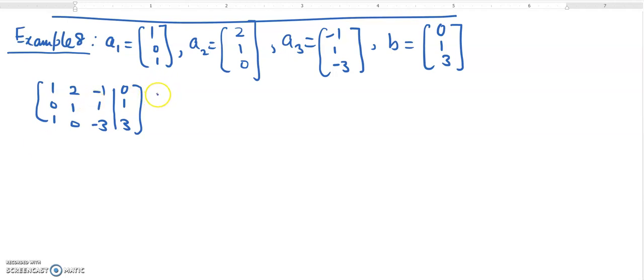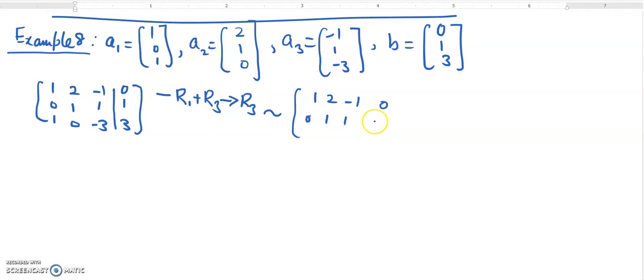I need to make this 0 over here, so I can take minus r1 and add it to r3, and this will be the new r3. So this will be 1, 2, minus 1, 0, and 0, 1, 1, 1, and then 1 minus 1 is 0, 0 minus 2 is minus 2, minus 3 plus 1 is minus 2, and then 3 minus 0 is 3.